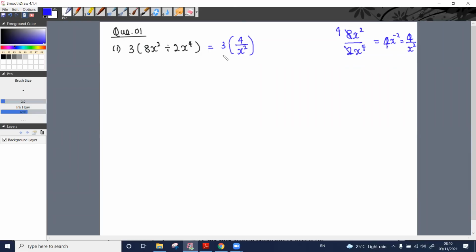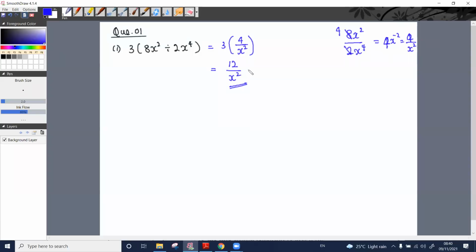So now 3 needs to be multiplied by this given fraction. 3 into this, so the answer should be 12 over x squared. That should be our final answer. 12 over x squared, or else you can say 12 into x to the power minus 2.